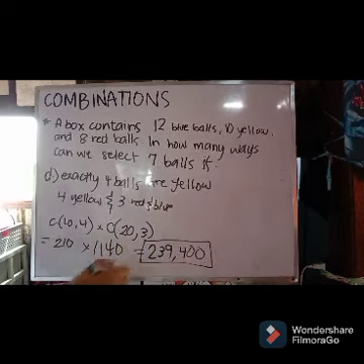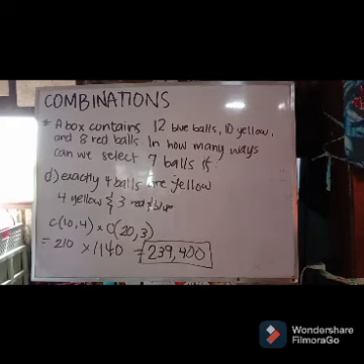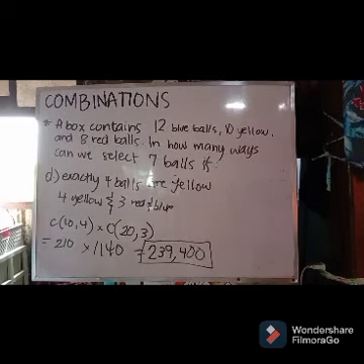So 239,400 are the possible outcomes if exactly 4 balls are yellow.